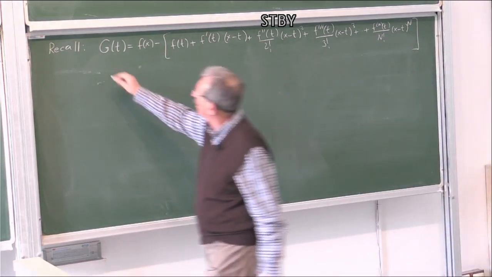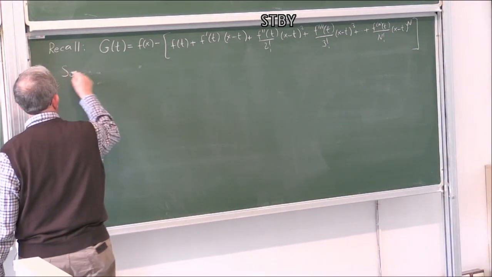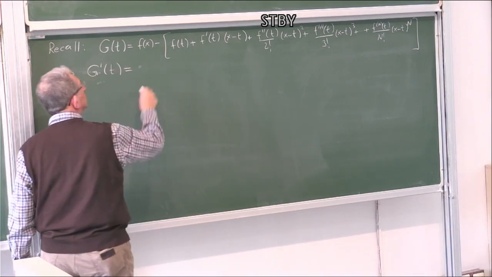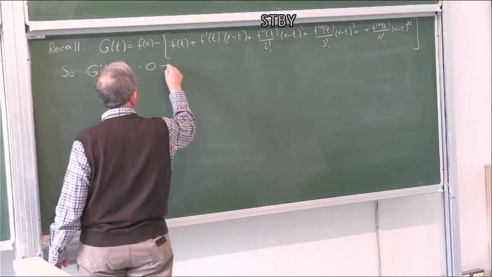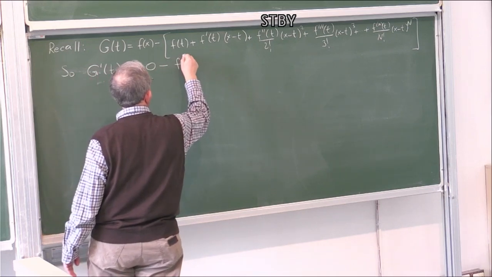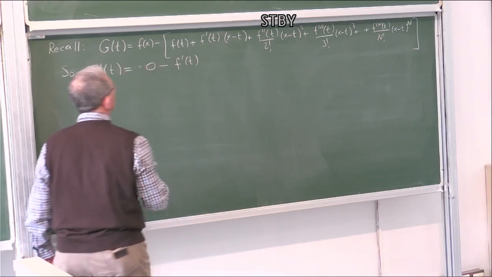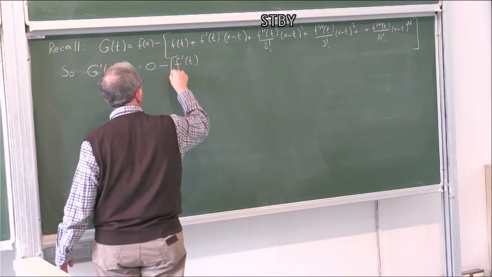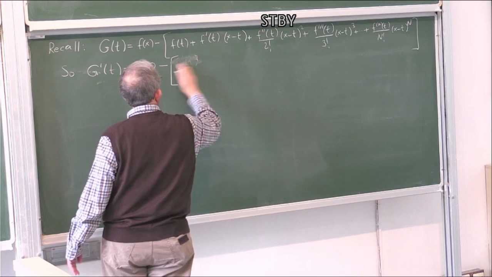So the derivative happens to be 0 minus f prime t. Let me maybe still retain this.